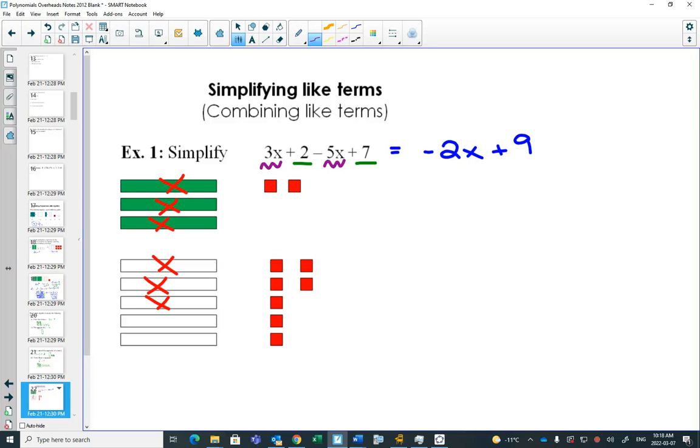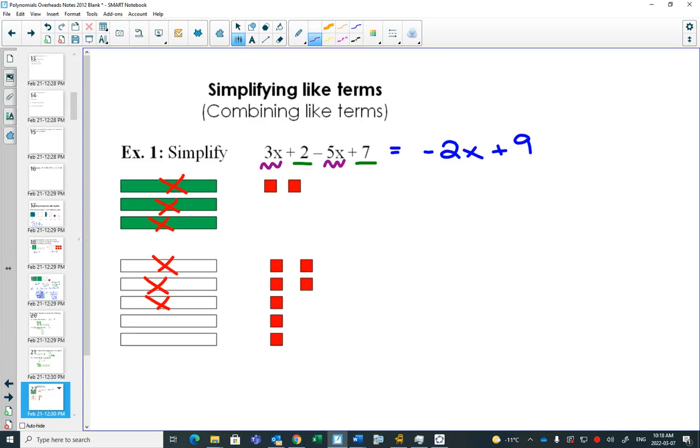Because if you have 3 of something, and you subtract 5 of that something, 3 minus 5 would get you to negative 2. So you could think of temperature. It's plus 3 outside, plus 3 degrees. The something is degrees. You subtract 5 degrees, you'd get to minus 2 degrees.